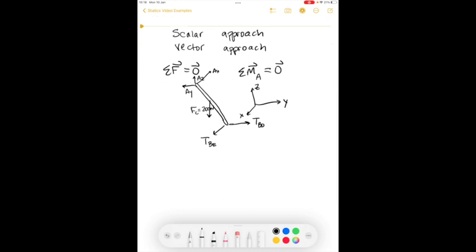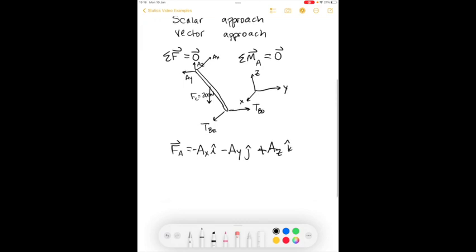So the first thing we want to do is define all of the forces in terms of vectors. So we have the force at the reaction A, which is negative AX, so it's pointing in the negative direction, negative AY, and positive AZ. So we don't know those values.